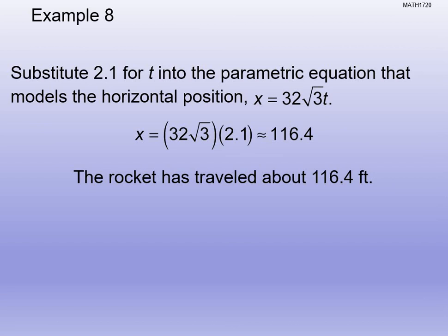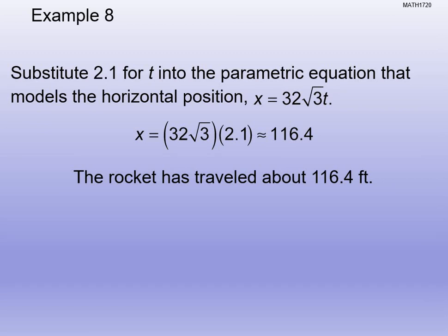Then we were able to find, using the quadratic formula, how long it was in the air. We took that time and substituted it back into our original parametric equation for our horizontal distance to see that the rocket traveled 116.4 feet.